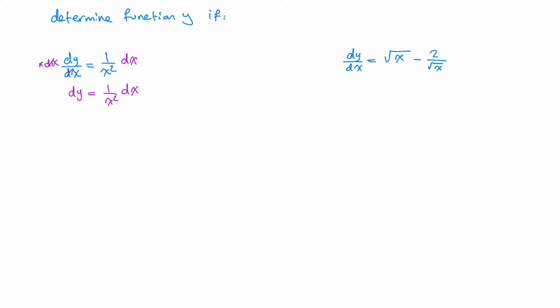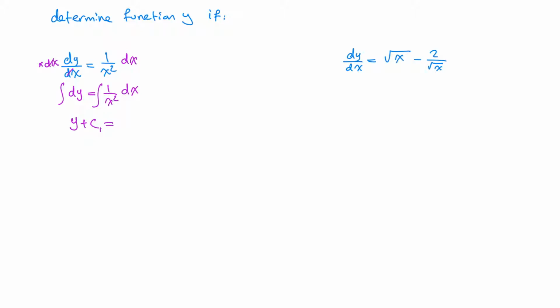So then I will take the integral of both sides, and the integral of the left side here is the integral of 1 with respect to dy, which will just give me y plus c1.